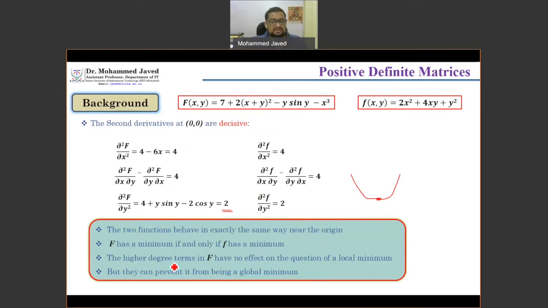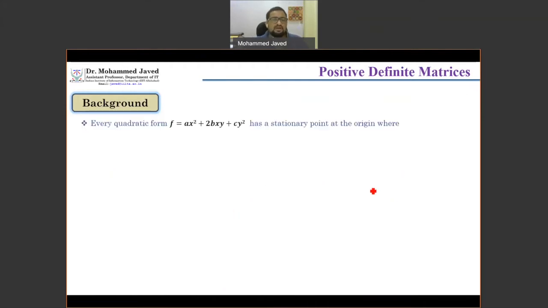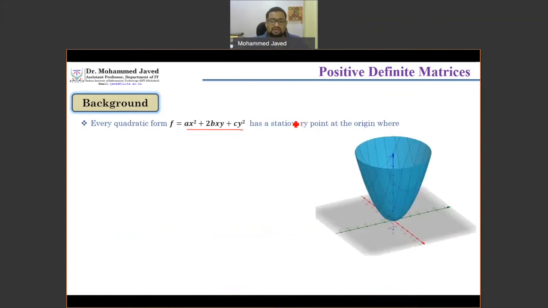The higher degree terms in f have no effect on the question of local minimum, but they can prevent it from being the global minimum. Now, we know that the quadratic form is usually represented as ax square plus 2bxy plus cy square. Every quadratic form has a stationary point at the origin, where del f by del x and del f by del y are equal to 0.